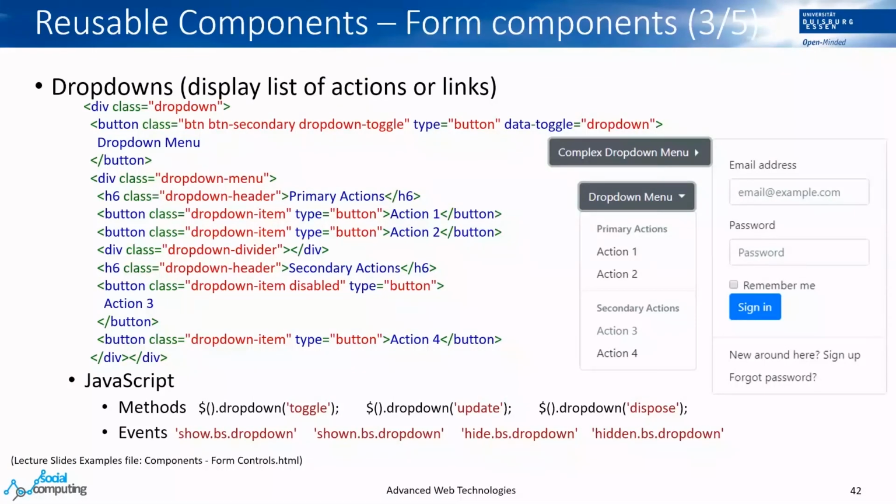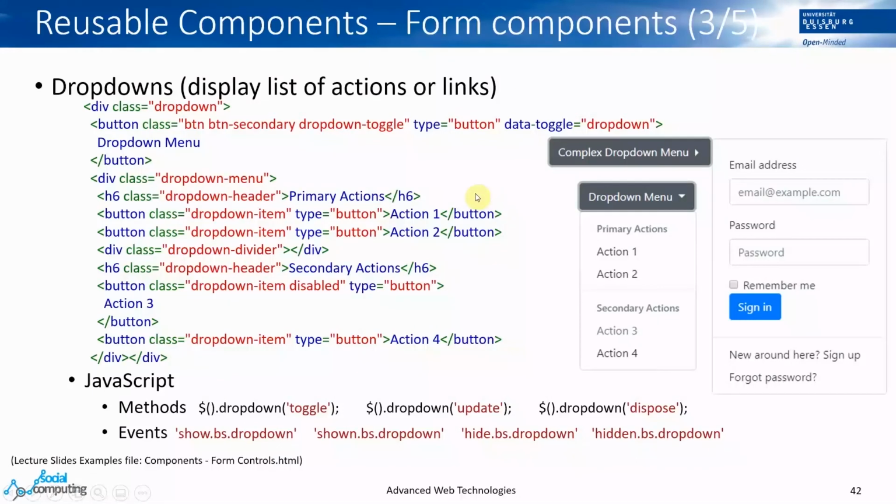And there are also events available which you can use to handle the option, or to perform any action that you want when the dropdown is opened, or when the dropdown is hidden. So these options are available.